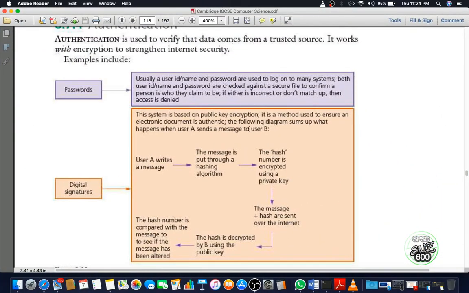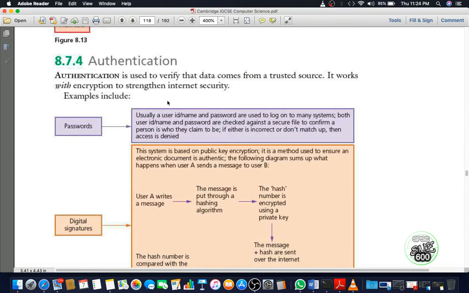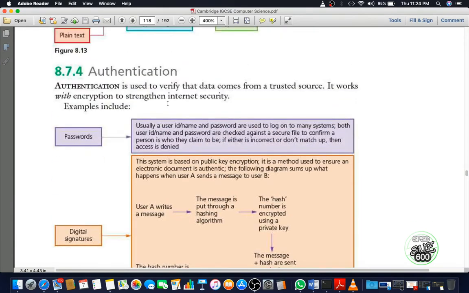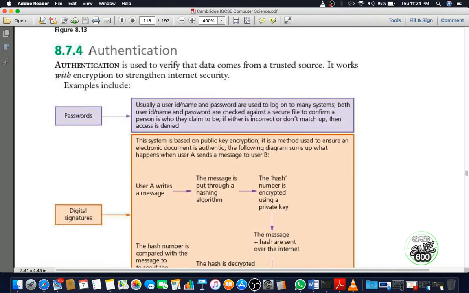So here you are, page number 107. So first, the definition for authentication. Authentication is used to verify that data comes from a trusted source. It works with encryption to strengthen the internet security.